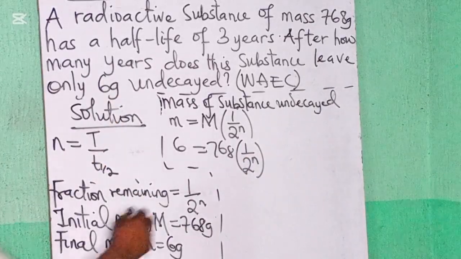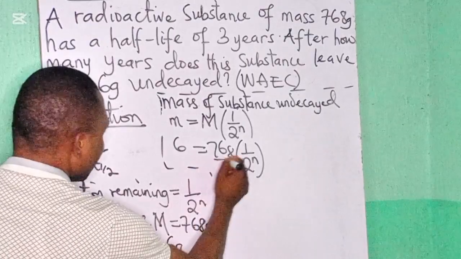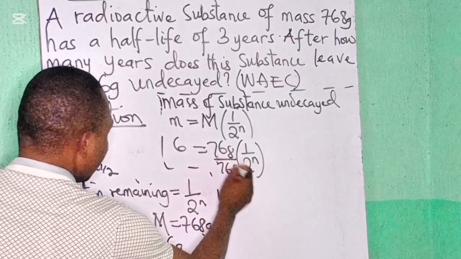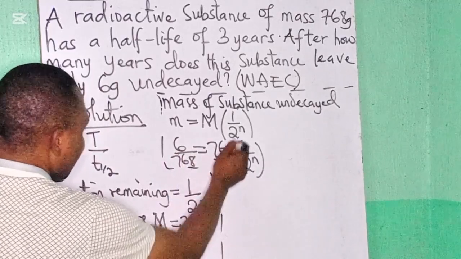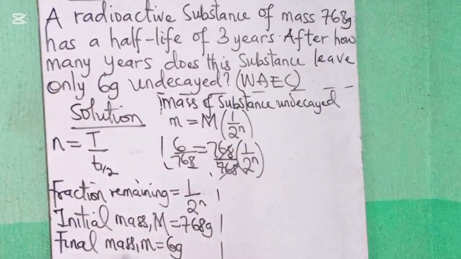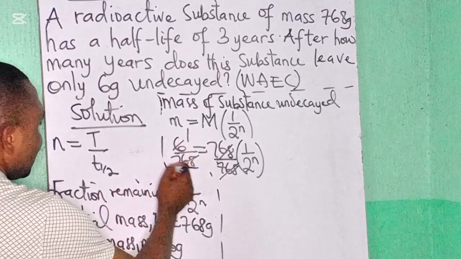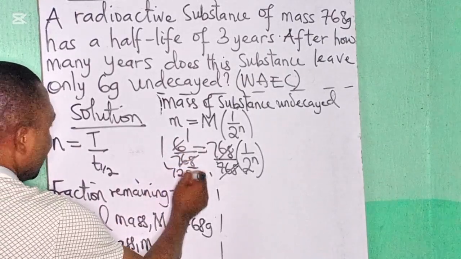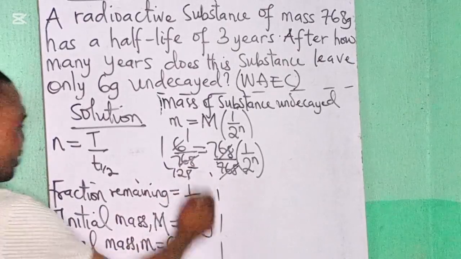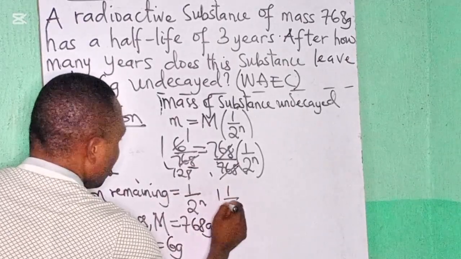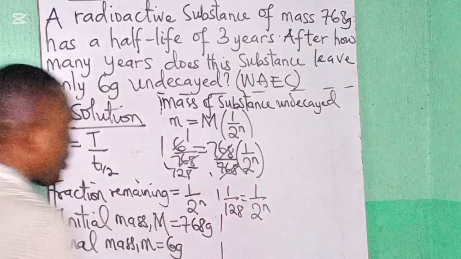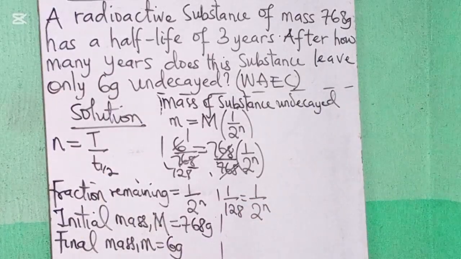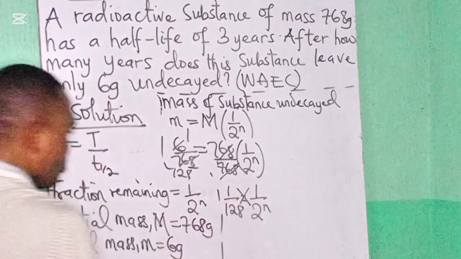Now we shall be dividing both sides by 768. This cancels this. Now, 6 into 768 is 128. So we shall be having at the end of the day 1 over 128 equals 1 over 2 raised to the power of n. Is that clear? So at this point, we can easily cross multiply.